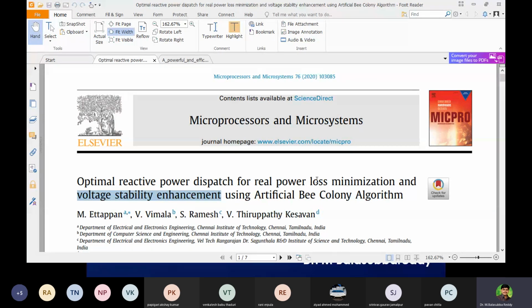So many objective functions we can take from power system. In a real system you can take it, the IEEE 30 system you can take, or a normal running system like the Tamil Nadu power system or Maharashtra power system.